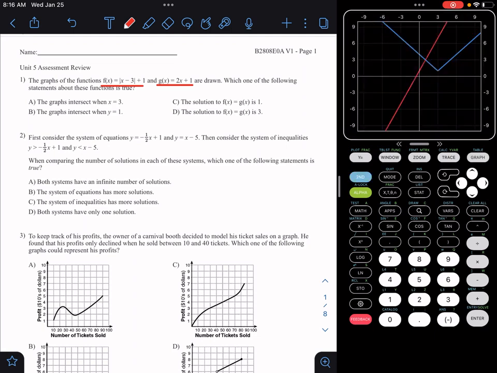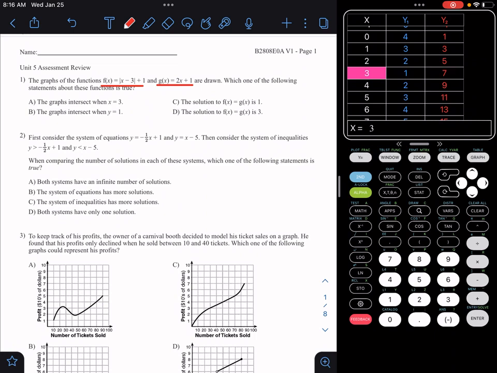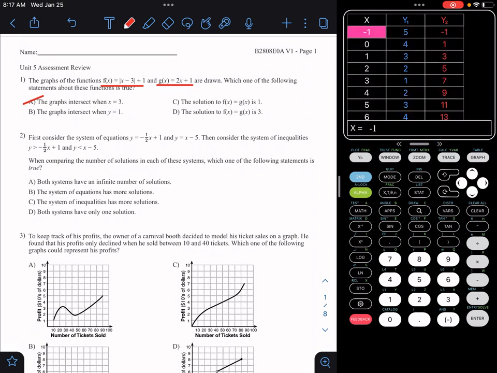Okay, the first one says the graphs intersect when x equals 3. Let me go to the table and see. X equals 3, are they the same number? No, so it can't be that one. Then it's saying the solution to f of x equals g of x is 1. So I need to find where is the point where they both are the same. Let's see.